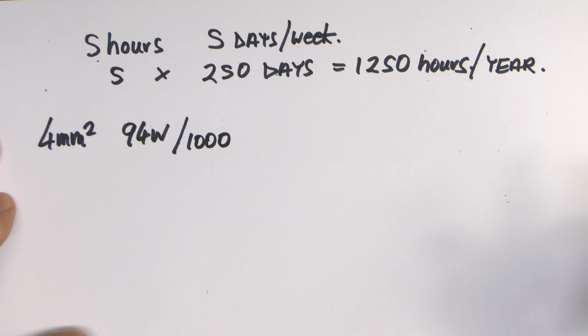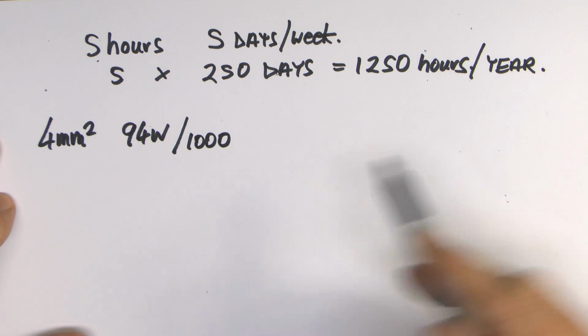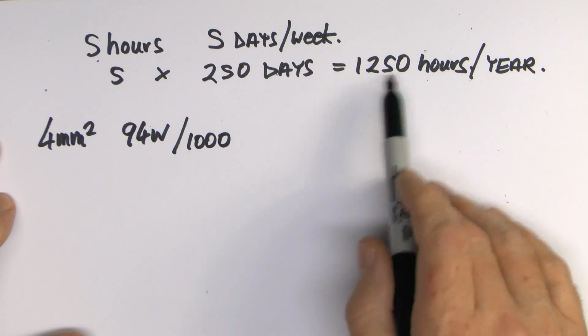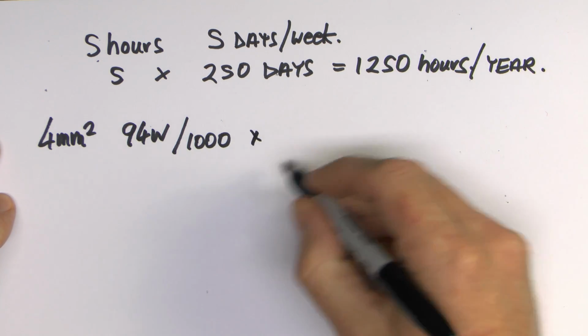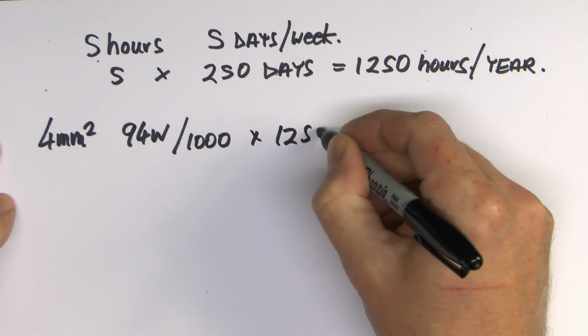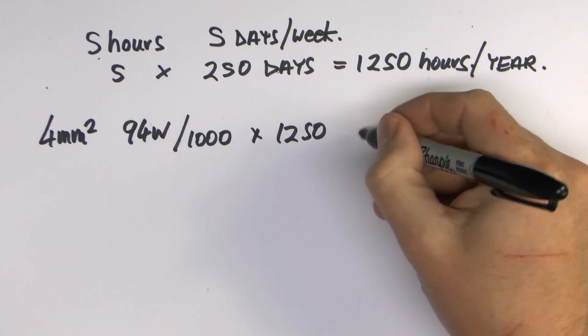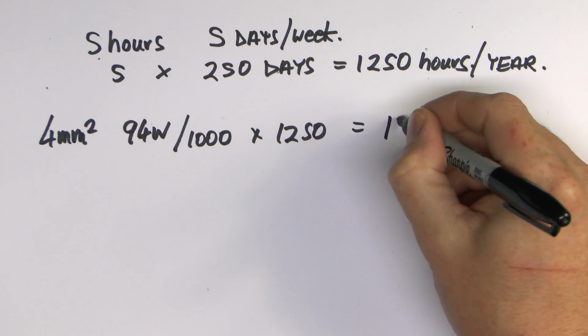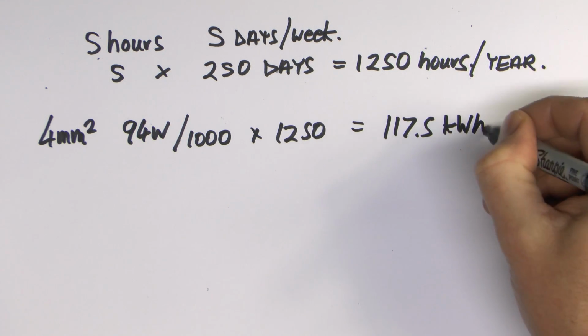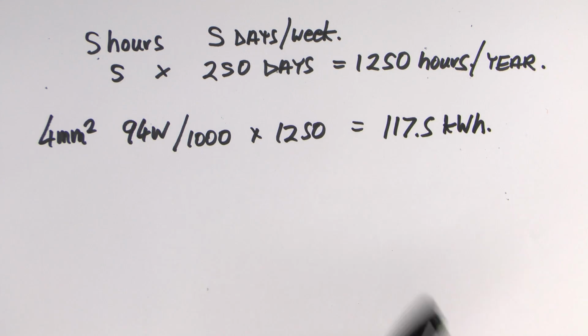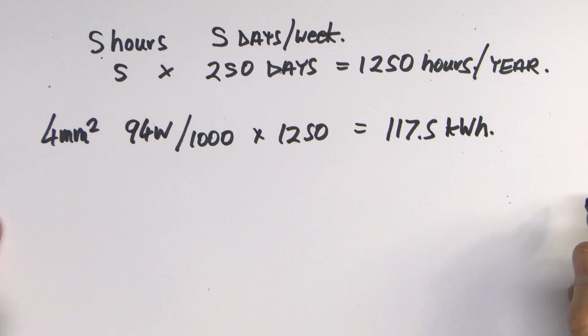And kilowatt hours is simply the kilowatts multiplied by the hours. So 94 watts divided by 1000, and then we multiply by 1250 hours per year, and that gives us 117.5 kilowatt hours, or another way to put it, 117.5 units of electricity.